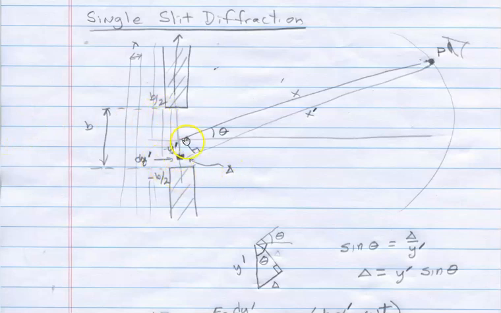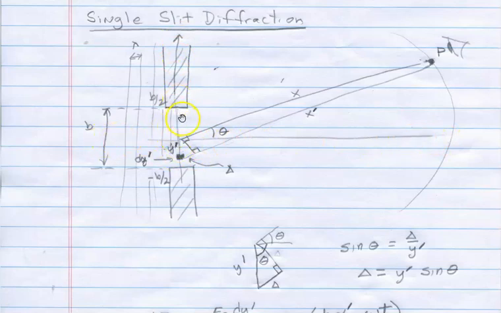Okay? The way I've drawn it aligned, I put the origin of my coordinate system, which I call y prime in this direction, right down the center of the slit. Okay?